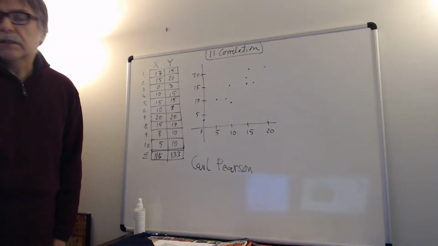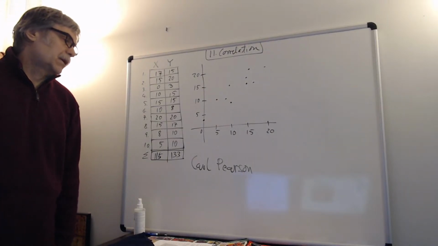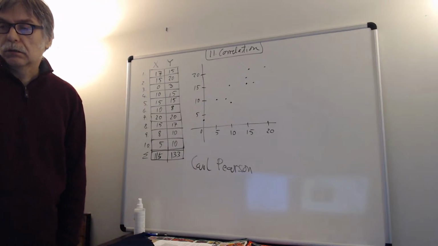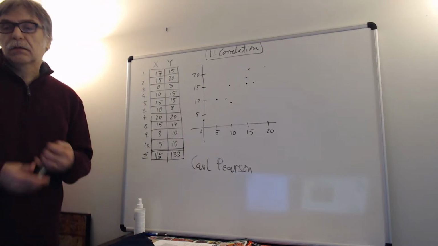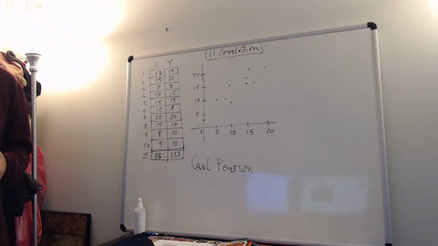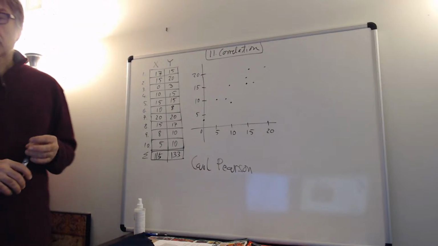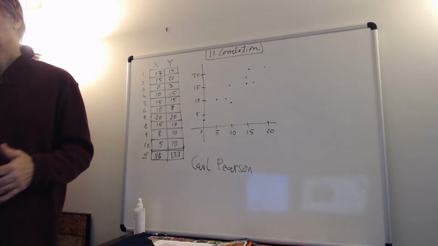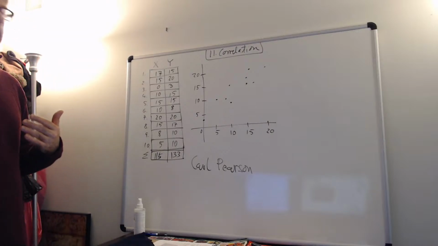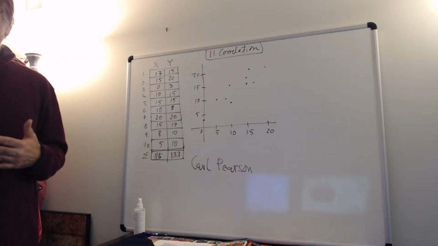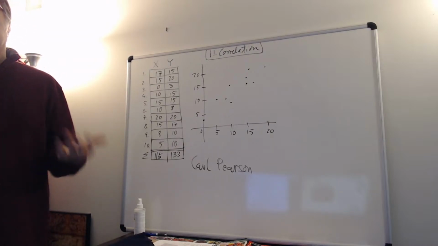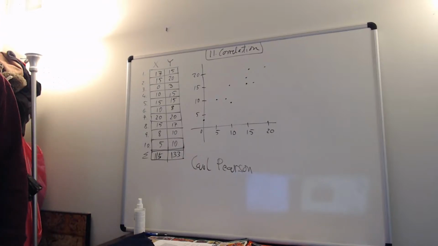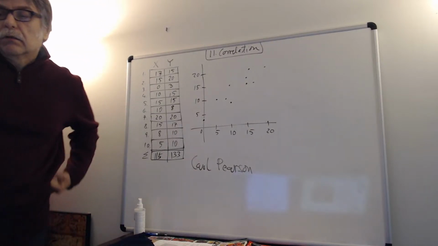His idea is to use something that we now call the Pearson coefficient of correlation. The full name would be Pearson product moment coefficient of correlation, actually even longer, Pearson product moment linear correlation coefficient. That's a really long name, so we're just going to call it correlation coefficient.